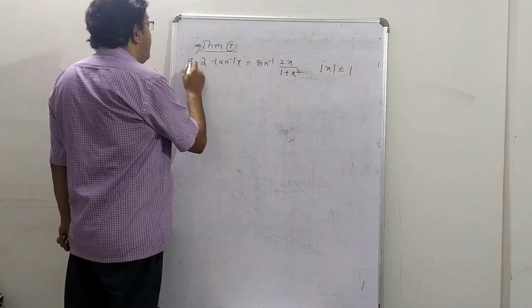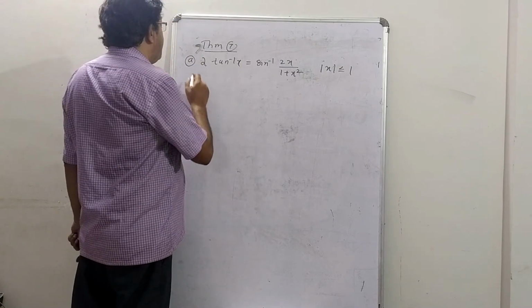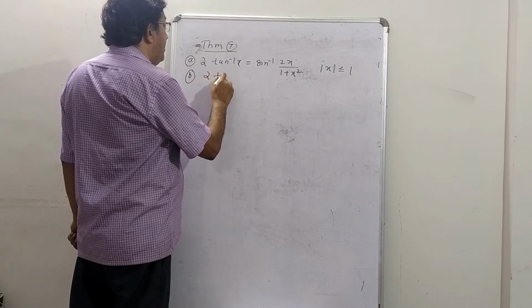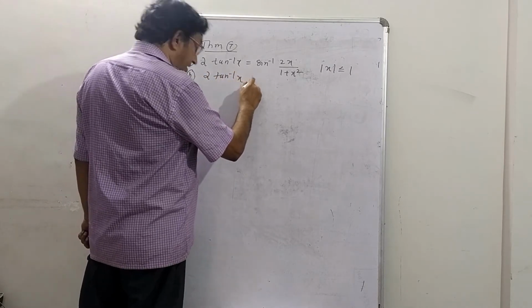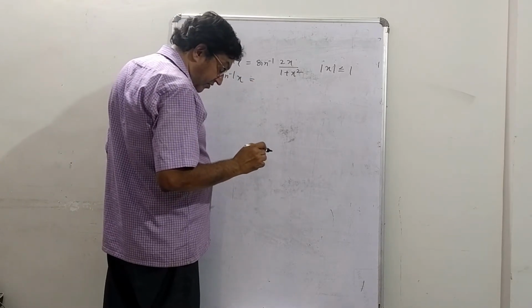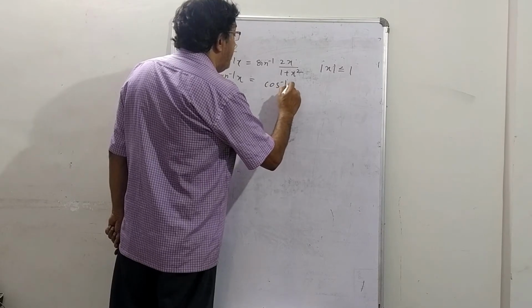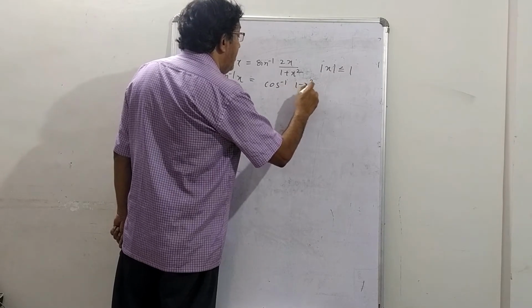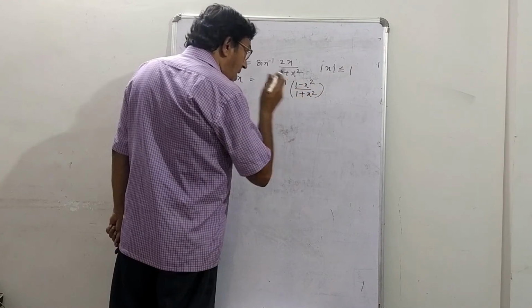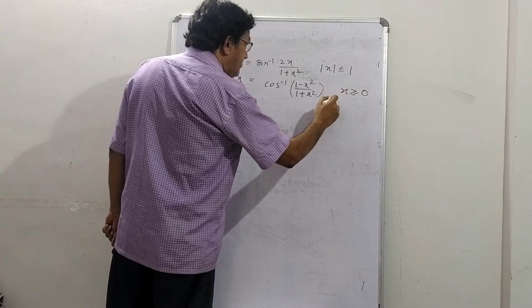Then 2 tan inverse of x is again equal to cos inverse of (1 minus x square) divided by (1 plus x square), for x greater than or equal to 0.